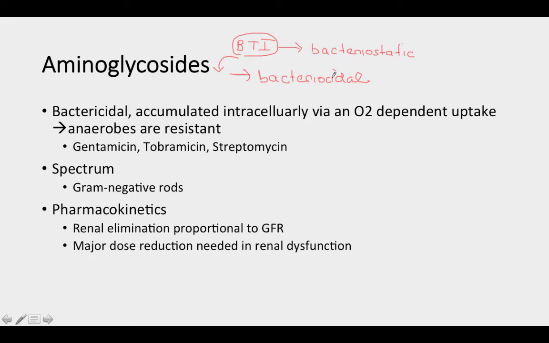And the reason they're bactericidal is because they can actually cause a misreading of genetic code when the bacteria is constructing proteins, and this leads to the wrong amino acid being placed in a polypeptide protein, and that leads to a destruction of the bacteria.